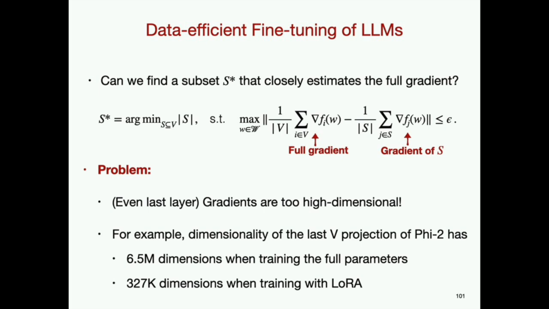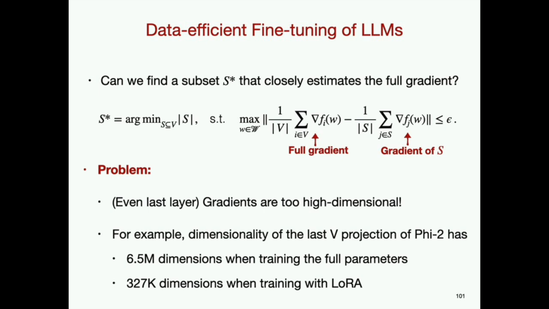Even if we look at the last layer, which we looked at for the vision models, the dimensionality of the last layer gradient is still very huge. For example, consider Phi2, a model with 2.7 billion parameters, not very large these days. The last layer, if we look at all the parameters, has 6.5 million parameters, very, very high dimensional.